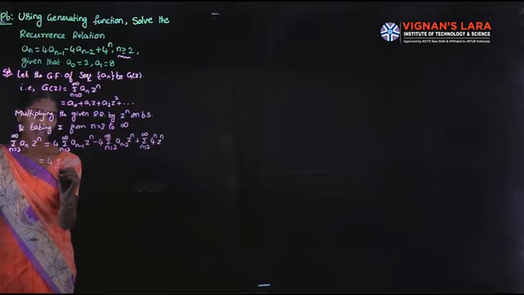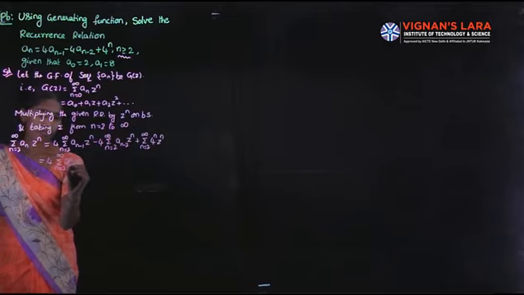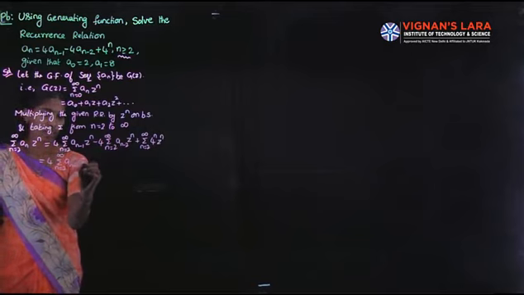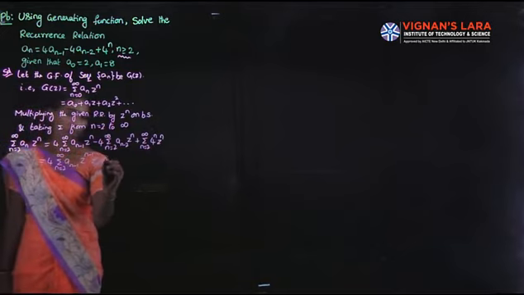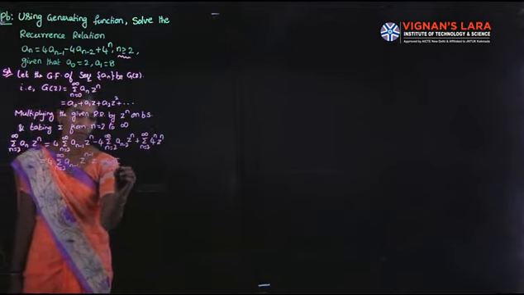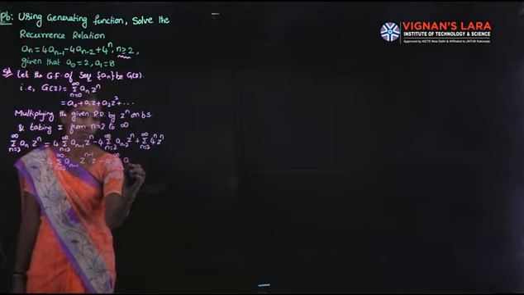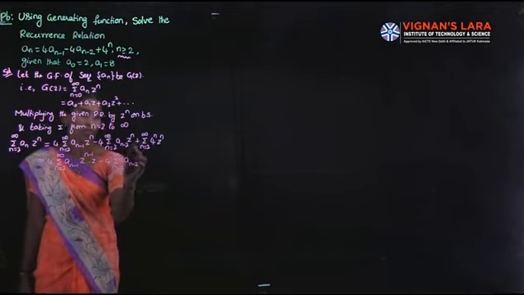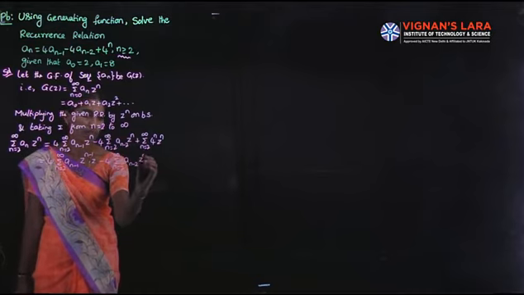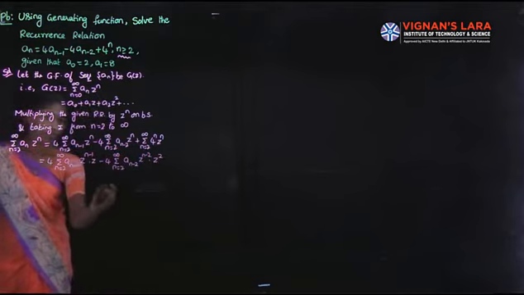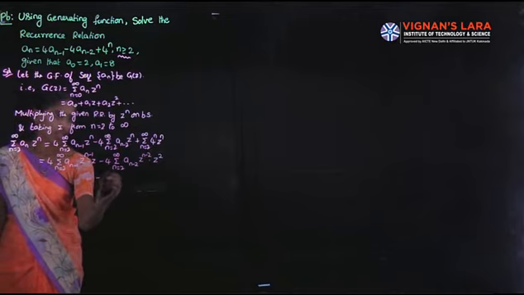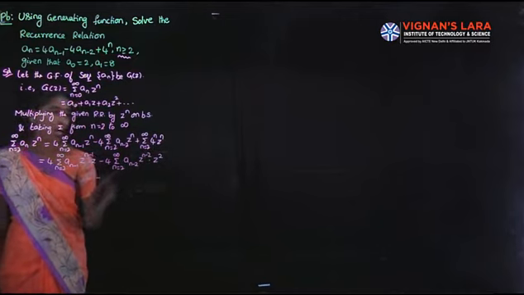On the RHS, this z^n can be written as z^{n-1} into z, minus, here this z^n can be written as z^{n-2} into z^2, plus, here these two are equal.